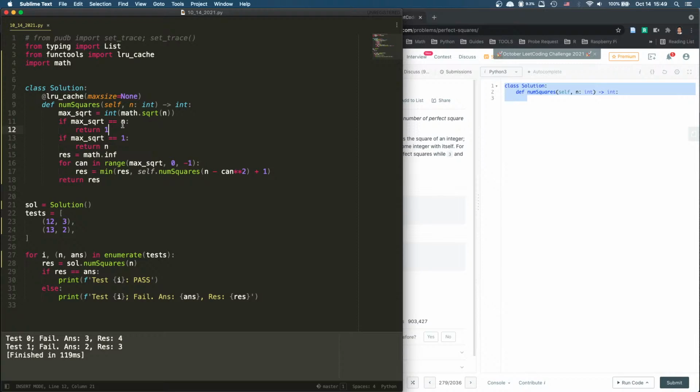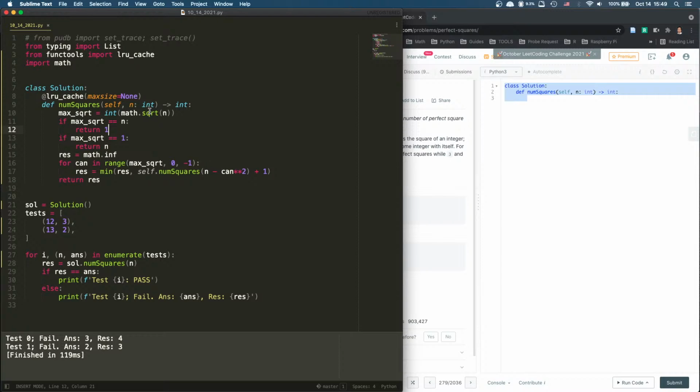So if I go 4, right? And then self dot minus can will be 2 minus 4. Right, so 12 minus 4 is 8.